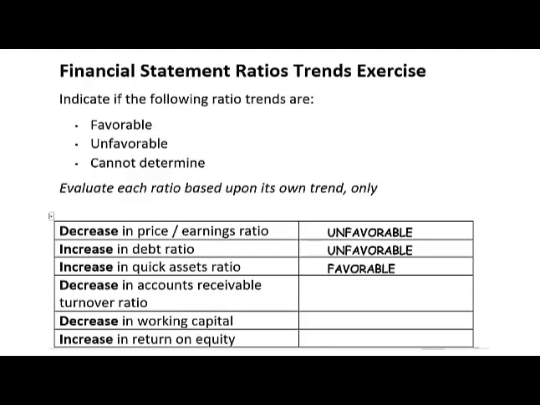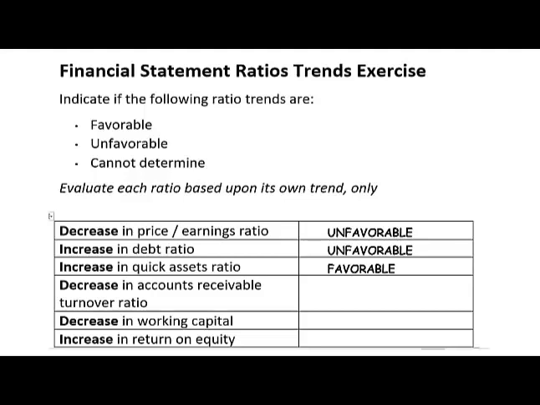Okay, decrease in accounts receivable turnover ratio. The accounts receivable turnover ratio is a measure of how quickly you collect the entire balance of your accounts receivable. So if I have an accounts receivable turnover ratio of 5 times, that means I collect my accounts receivable 5 times during the accounting period.